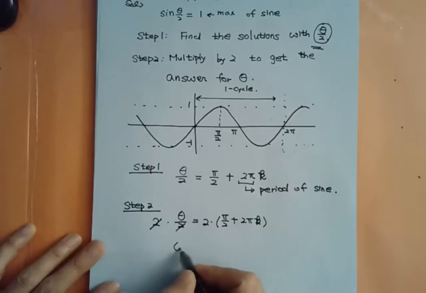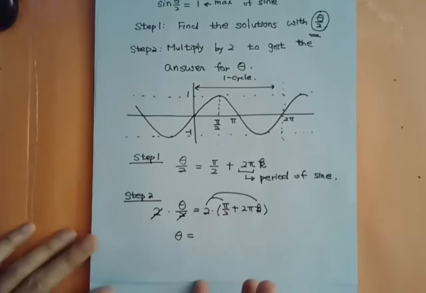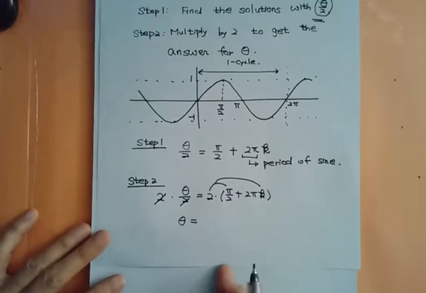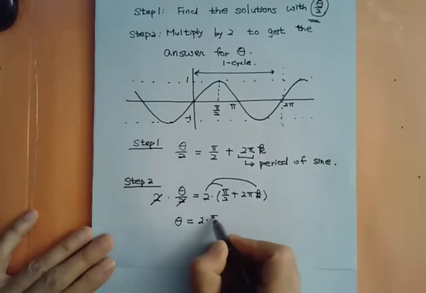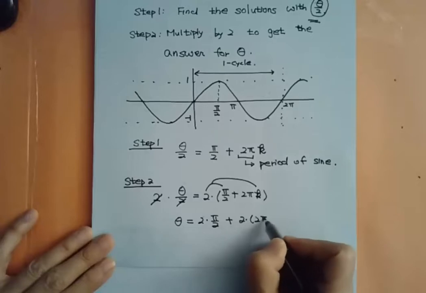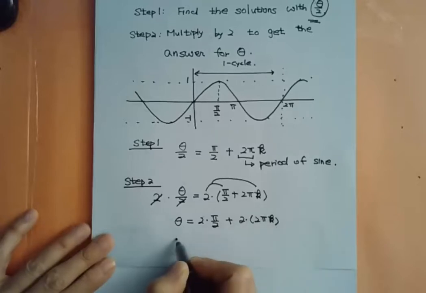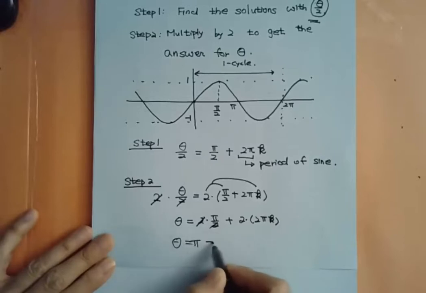So it becomes theta equals the distribution: 2 times pi over 2 plus 2 times 2 pi k. So theta becomes pi plus 4 pi k.